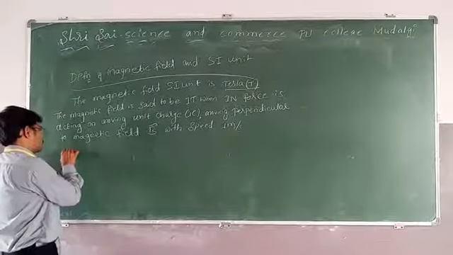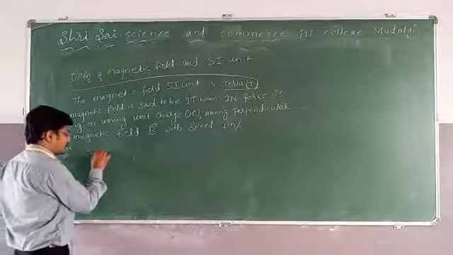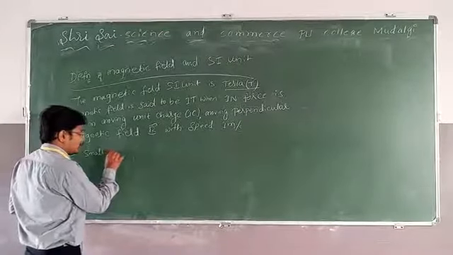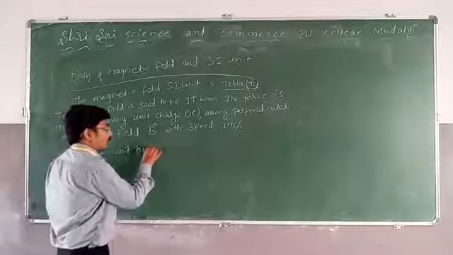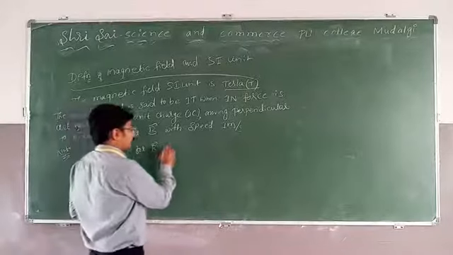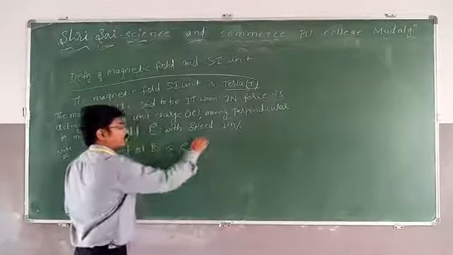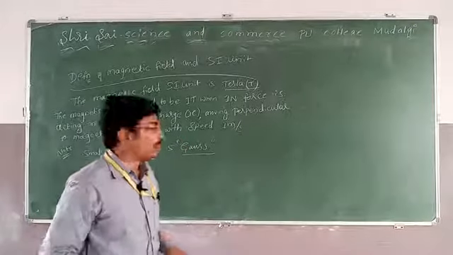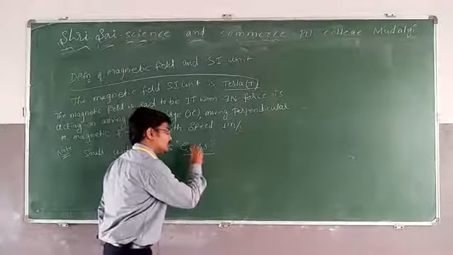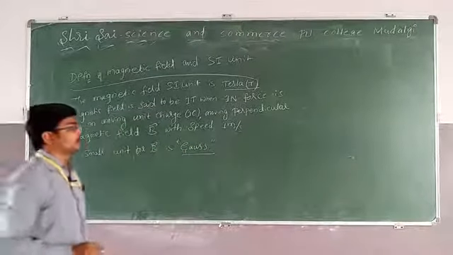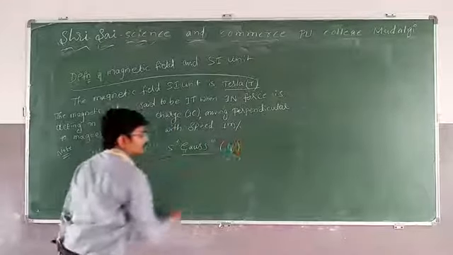Note, one more unit, the small unit for B, the magnetic field, is Gauss. G-A-U-S-S, Gauss. Its symbol is G.